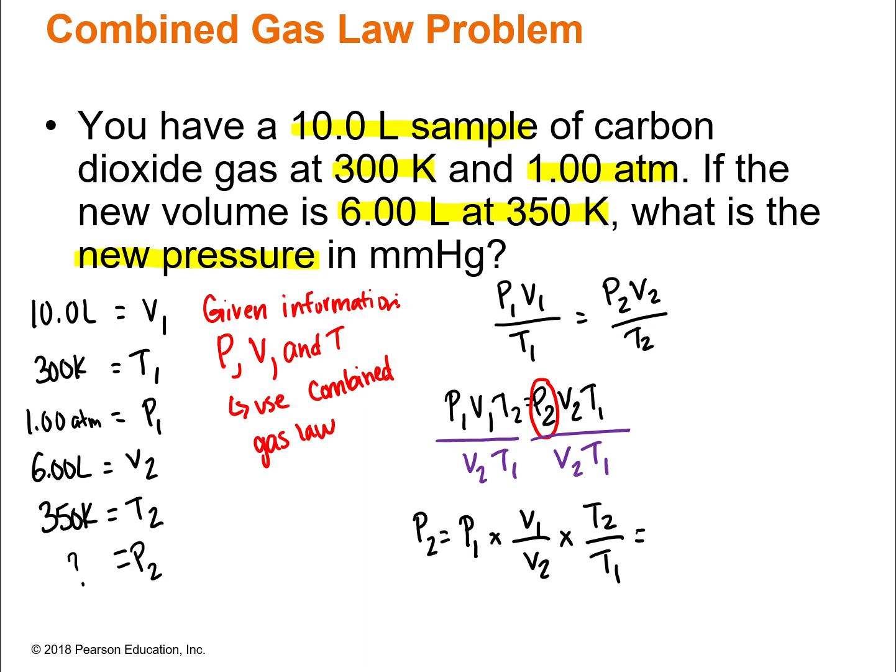Then we put in all of our numbers. V1, 10 liters. V2, 6 liters. T2, 350 Kelvin. T1, 300 Kelvin.